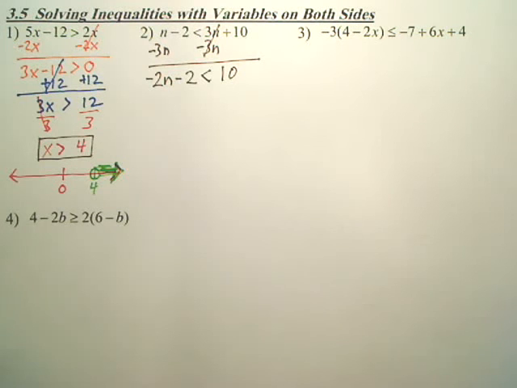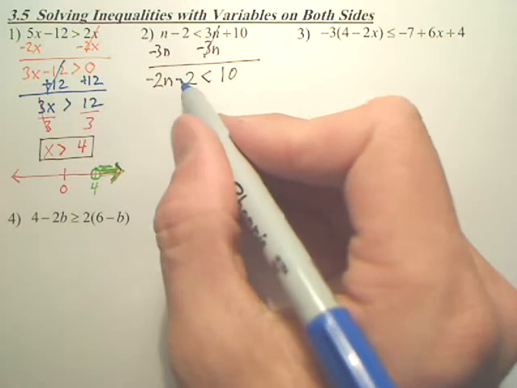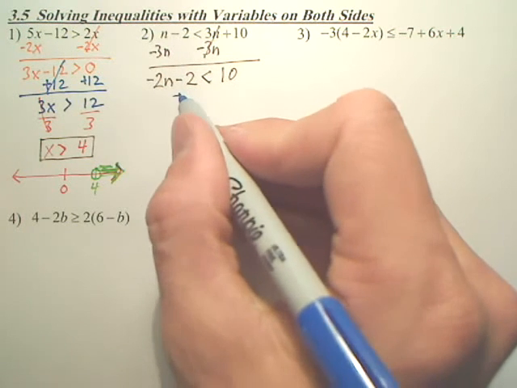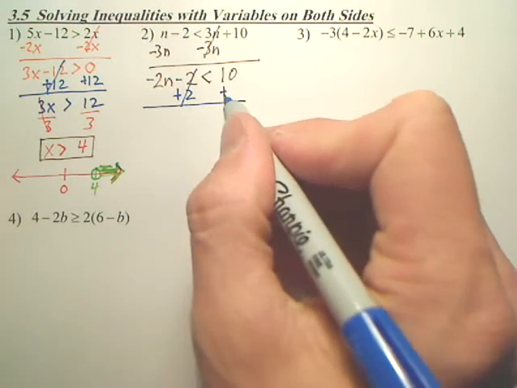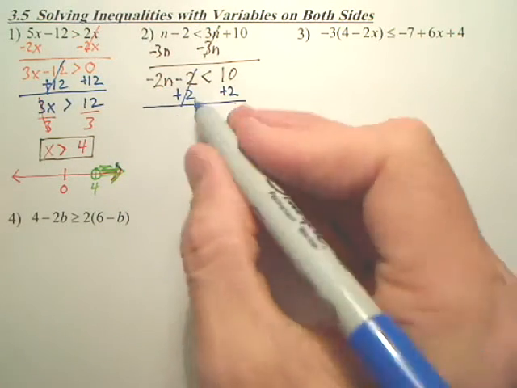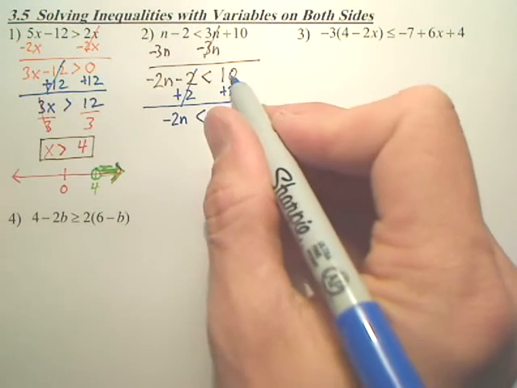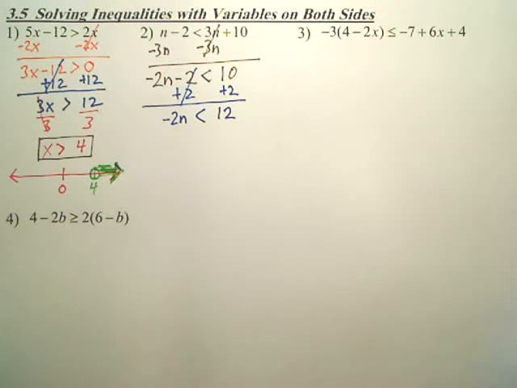So again, the first step was to move the n to the left side. Now, to get this negative 2n by itself, I have to get rid of this minus 2. The opposite of a minus 2 is a plus 2. It's gone. Got to do it to both sides. Add 2. That leaves me a negative 2n over here, and 10 plus 2 is 12.